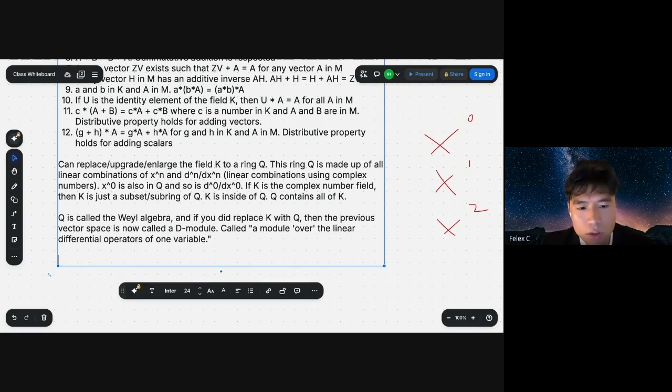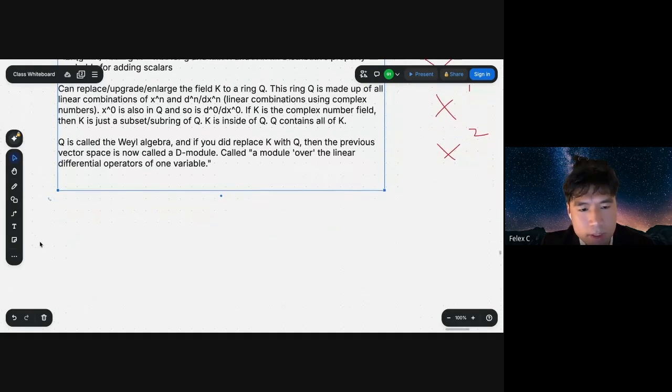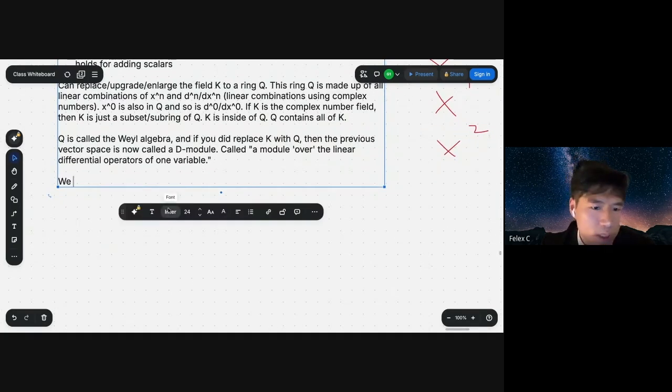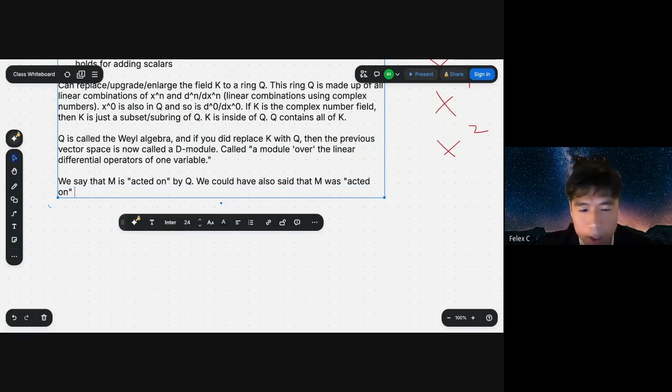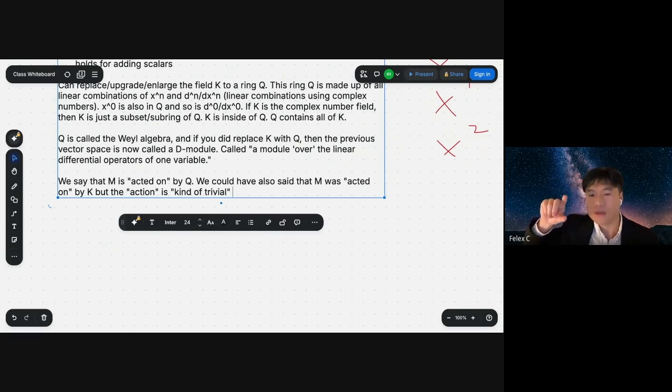So sometimes we say that M is acted on by Q. We could have also said that M was acted on by K, but the action is kind of trivial, because when an element of K is attached to an element of M, so a number attached to a vector, that's just scaling the vector.